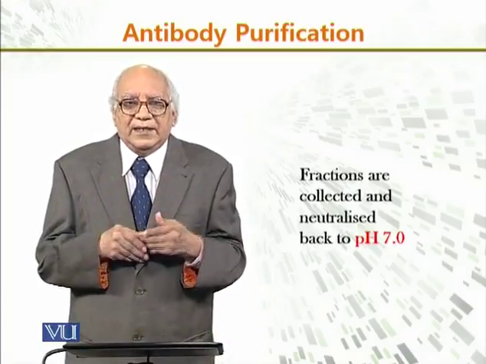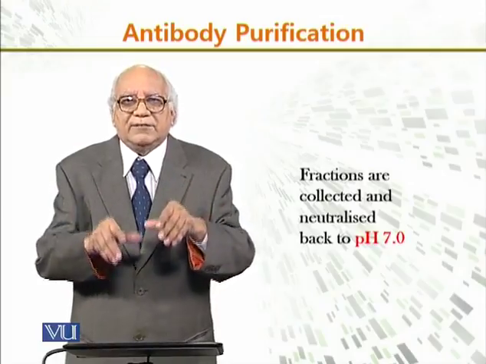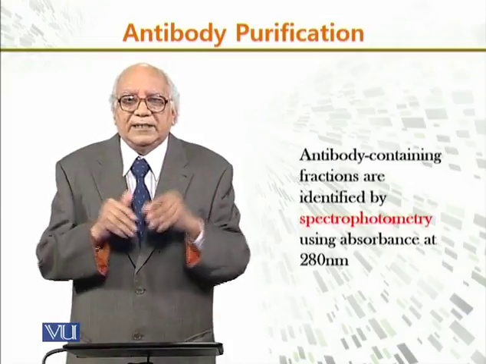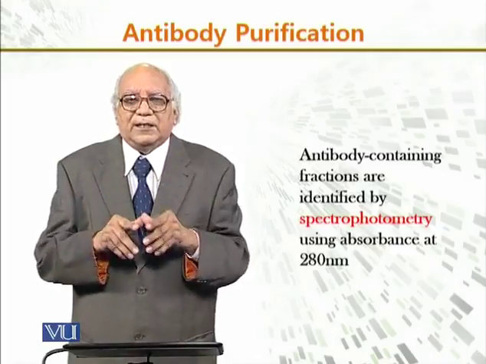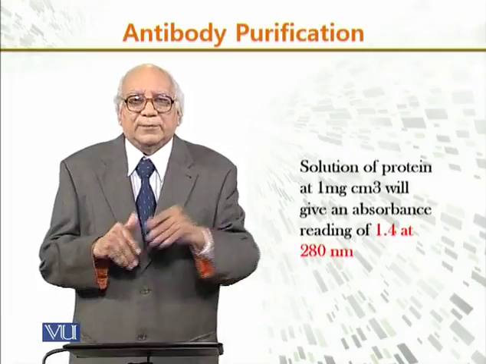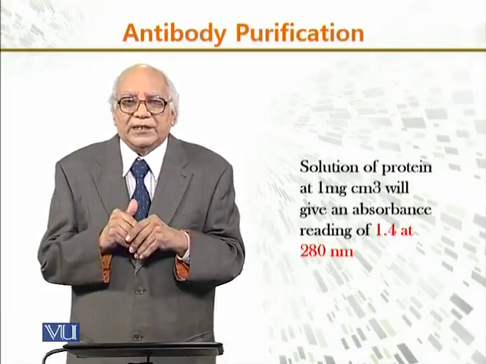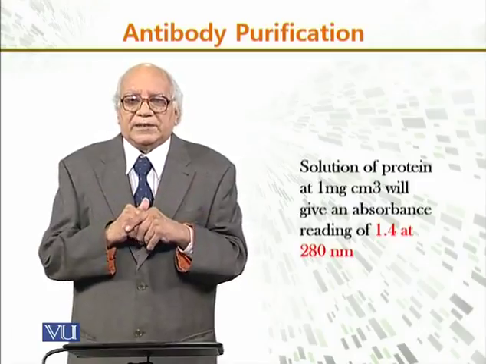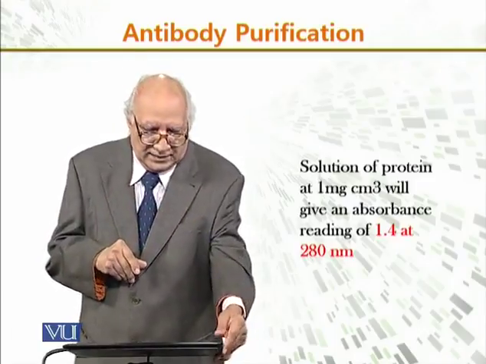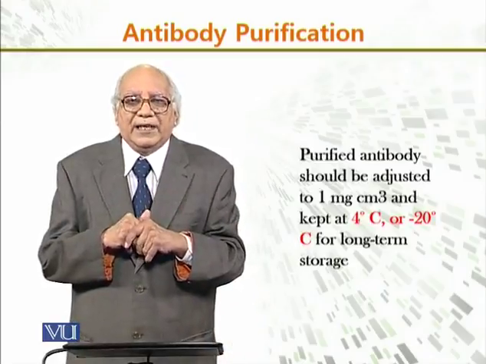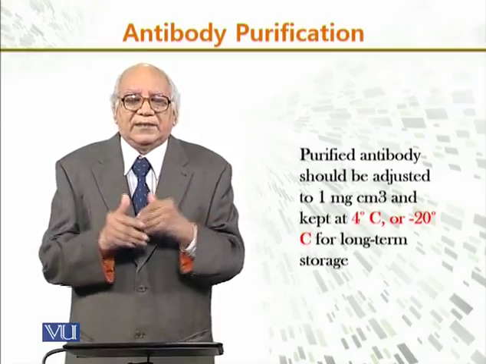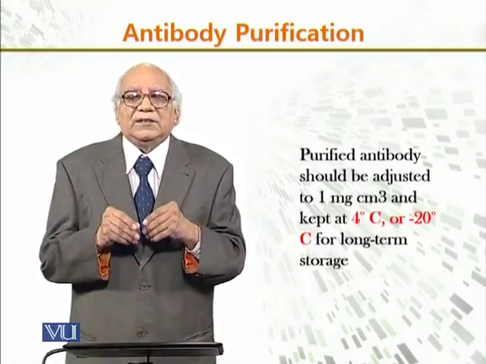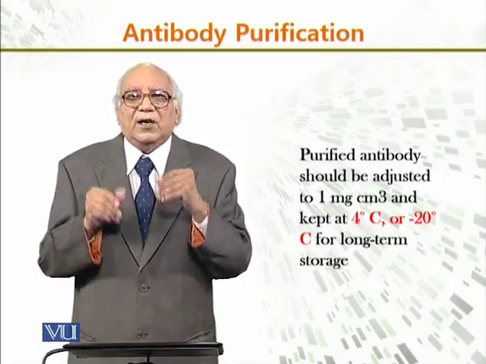Now, fractions are collected and neutralized back to pH 7, that is, 2 and 7, and antibody containing fractions are identified by spectrophotometry using the absorbance at 280 nanometers. A solution of protein at 1 milligram per cubic centimeter will give an absorbance reading of 1.4 at 280 nanometers.